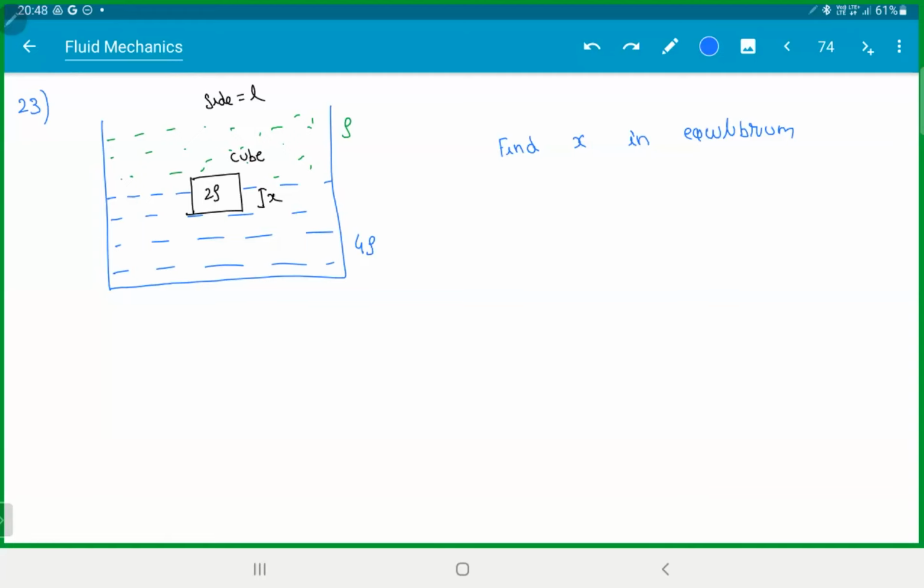I hope the question was clear. Two liquids of density 4 rho and rho. We have a cube of side L at the interface.